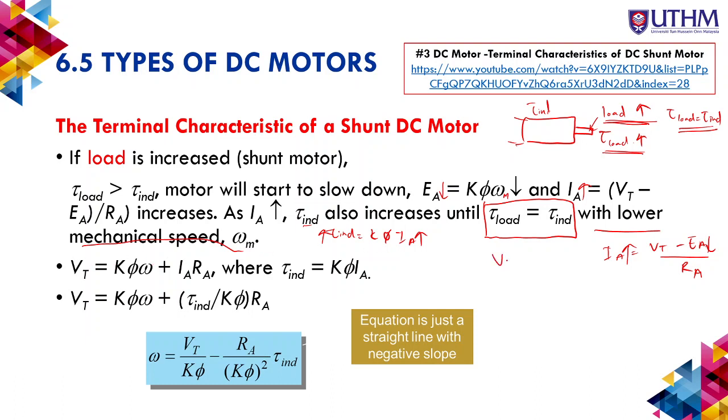You know that before, Vt equals Ea plus Ia Ra. So we replace Ea with this equation, and Ia with this equation, and then we will get Vt equals K flux omega plus torque induced minus K flux times Ra.